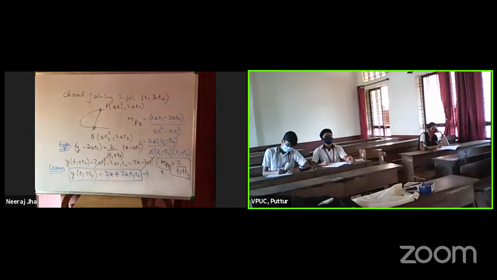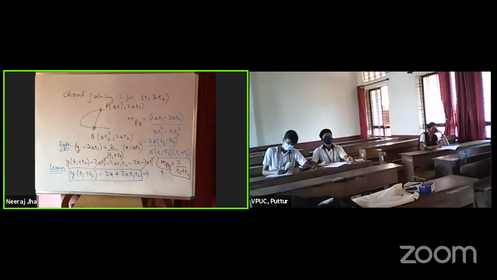Now if any property of this chord is given or any point through which this chord is passing, we can use this equation directly: y into t1 plus t2 is equal to 2x plus 2at1t2. Moreover, the slope of the chord must be remembered, that is 2 upon t1 plus t2.